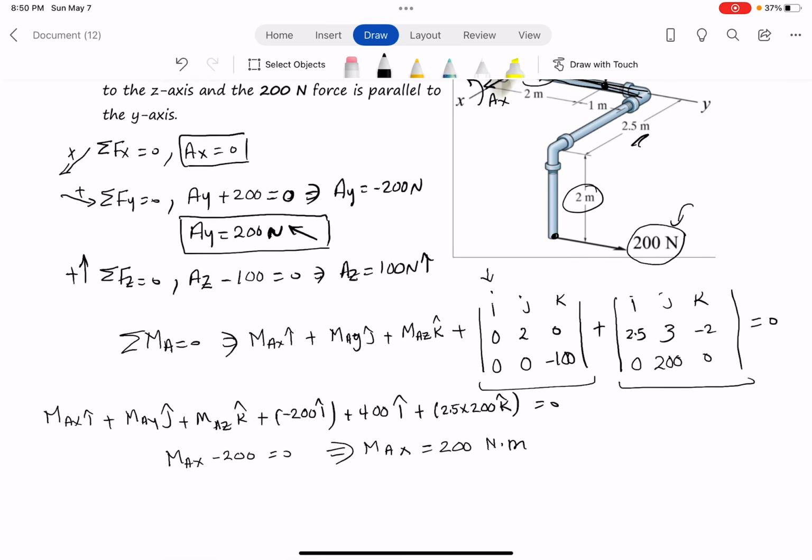So it's positive. And how about MAY plus, that's not true. Here we have to fix this. Sorry. We have two I's here. This one and this one. So minus 200 plus 400.